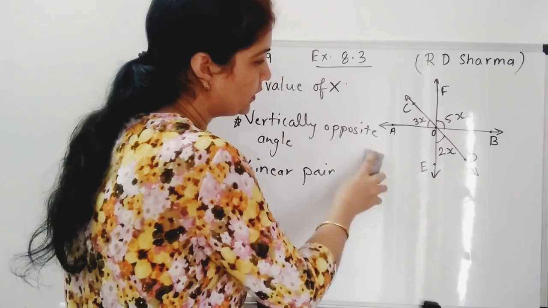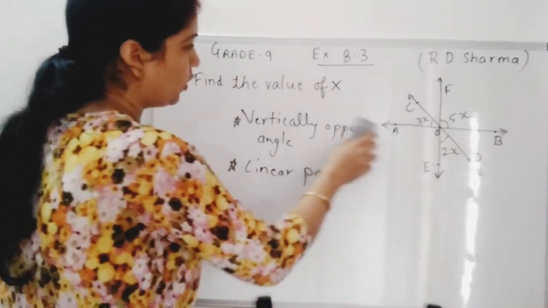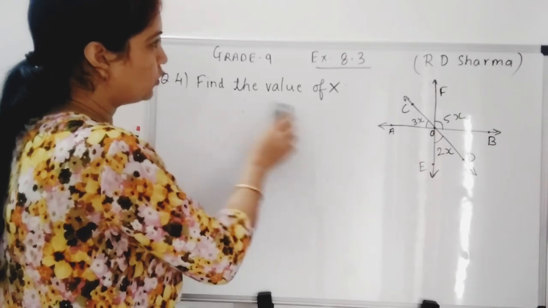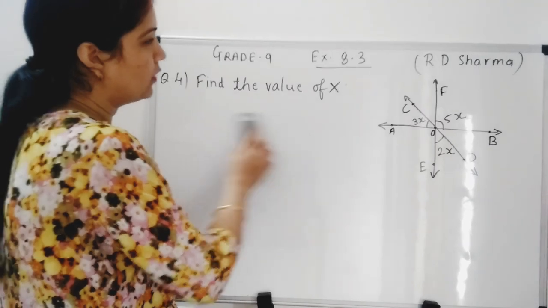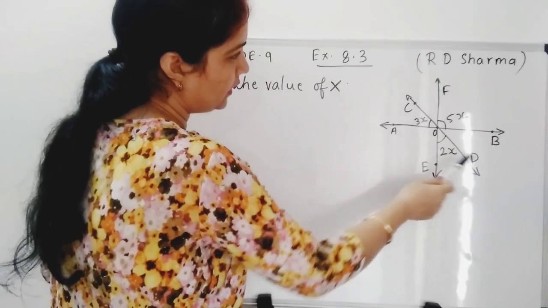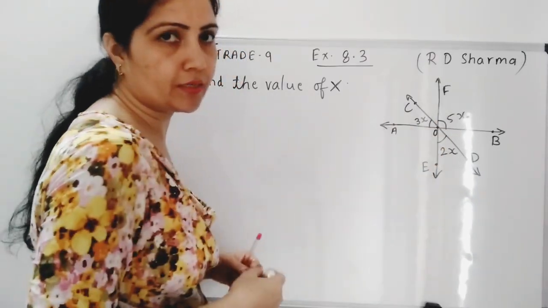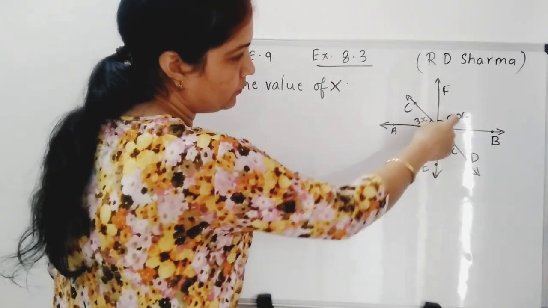Now we will use these two properties only to solve this question. Let's see how we will solve. This question is from exercise 8.3 R.D. Sharma, question number 4. Find the value of x. As you can see, there are three lines, AB, CD and EF, intersecting at the same point O, and the values of these angles are given.